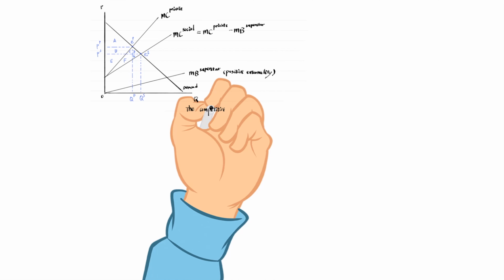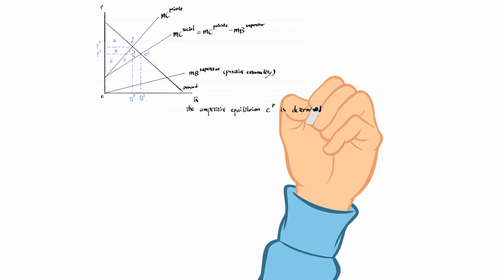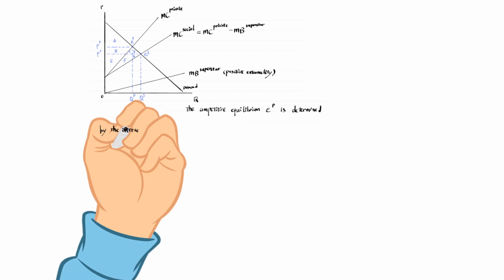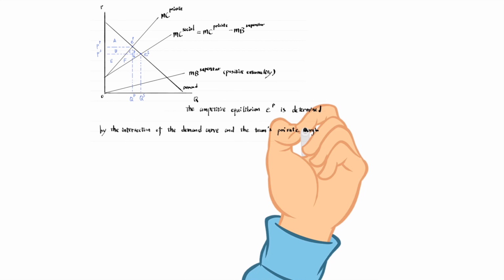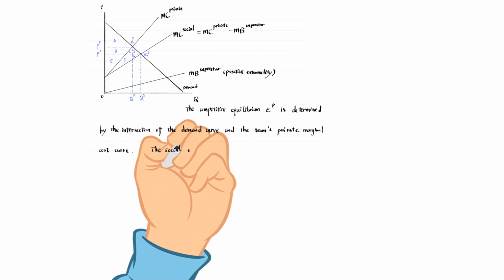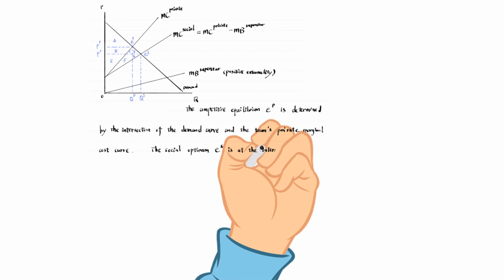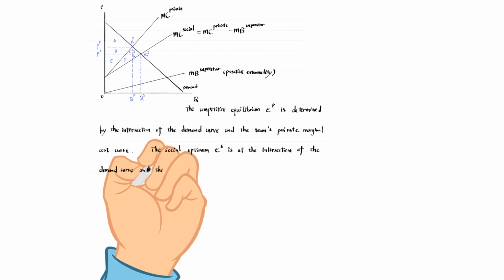The competitive equilibrium, EP, is determined by the intersection of the demand curve and the team's private marginal cost curve. The social optimum, ES, is at the intersection of the demand curve and the social marginal cost curve.